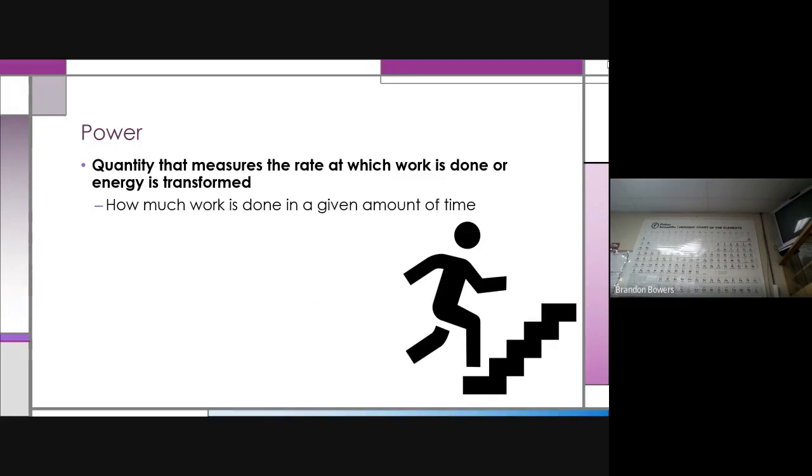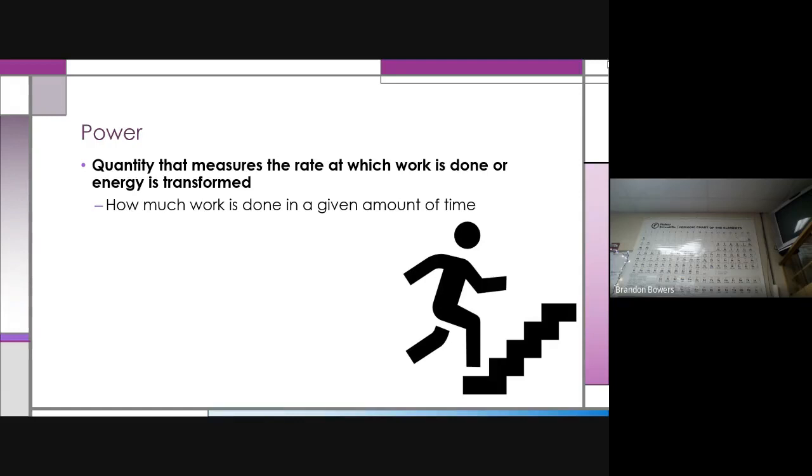Now, does anybody know the unit for power? What do electrical companies use for power? Watts. I heard it. So our unit for power is watts.